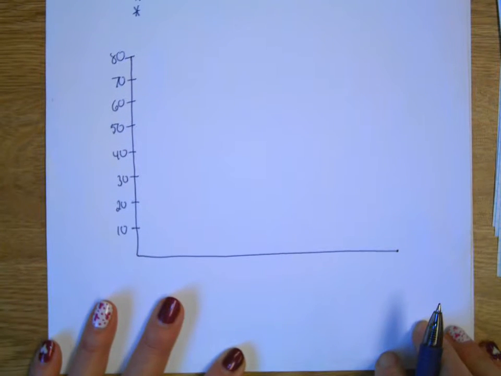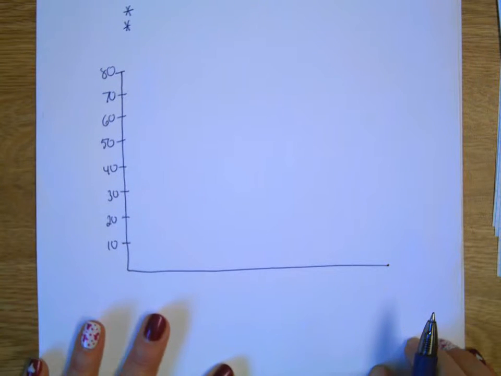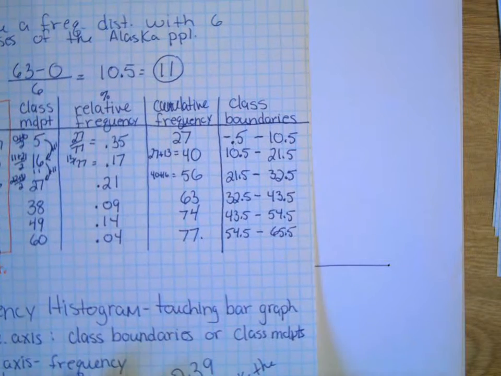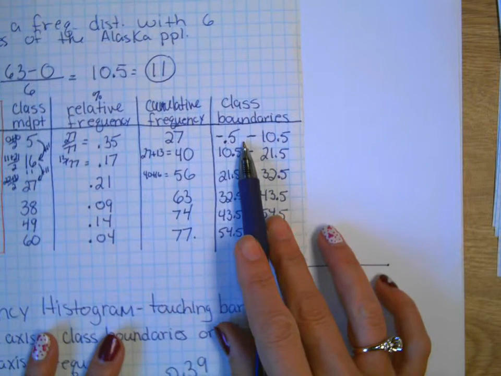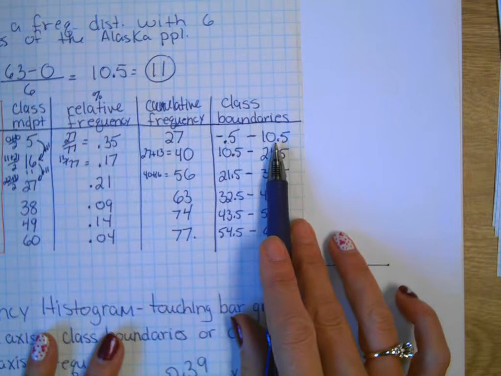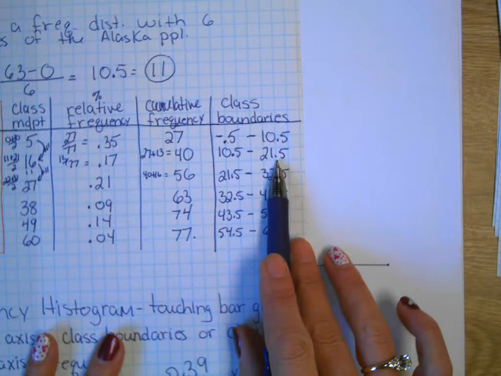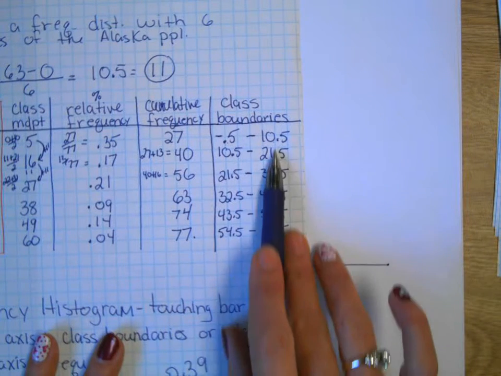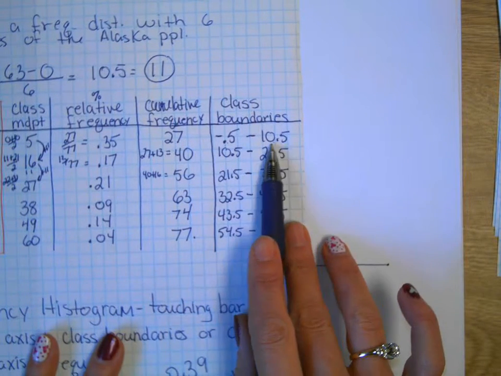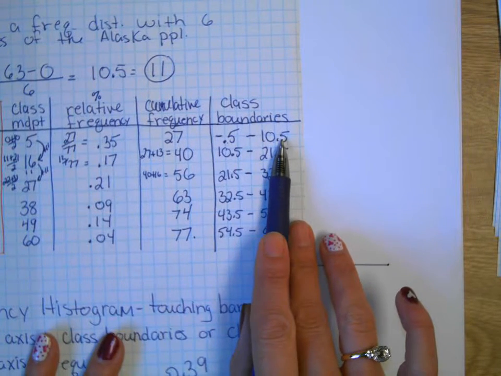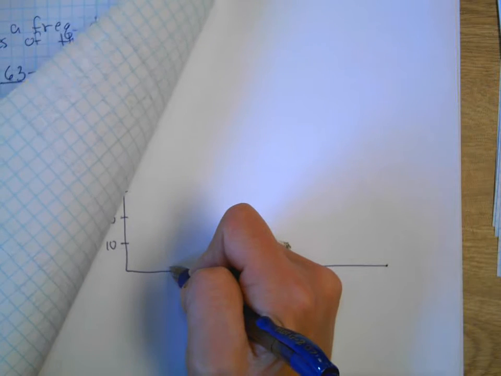Now I need upper class boundaries. Here's our class boundaries. The upper class boundaries are over here. So the first class, the upper class boundary is 10.5. Then I keep adding 11 to get to each of these. So we're going to be writing these down on the axis. So 10.5.